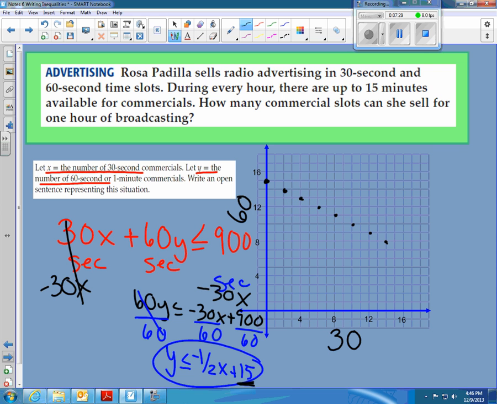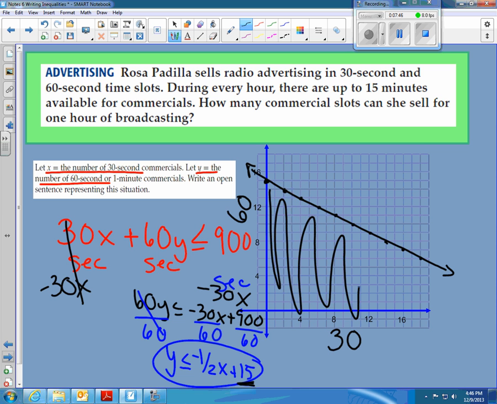You always want to make sure that we go completely through the graph. Okay, so is this a solid or a dotted line? Well, it's got that equal to, so it's going to be a solid line. And it's also a less than symbol, so we can shade down. All right, great job, guys.